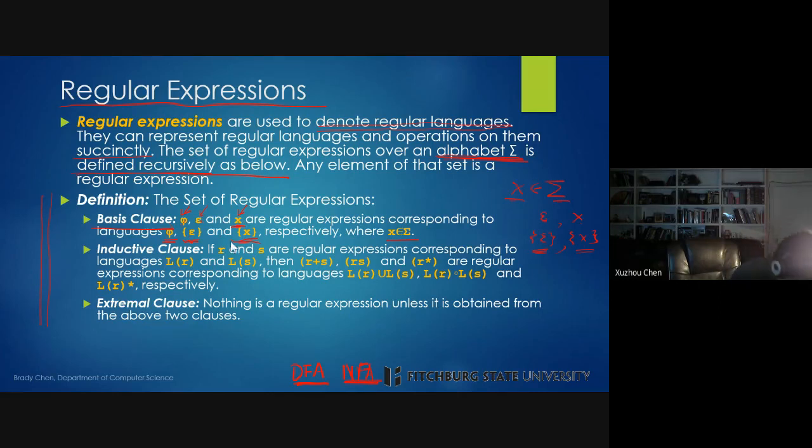So let's say R and S are regular expressions, corresponding to the languages LR and LS. That means R could be any element in sigma, or R could be an empty string epsilon, or R could be just a phi. So S could be any of these three elements.